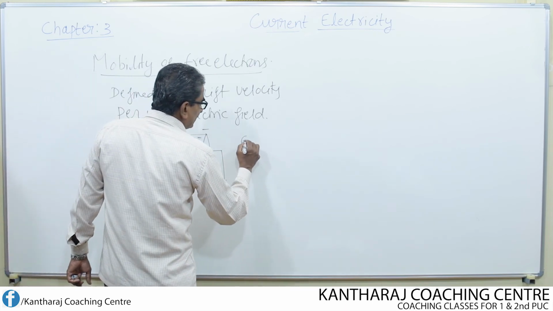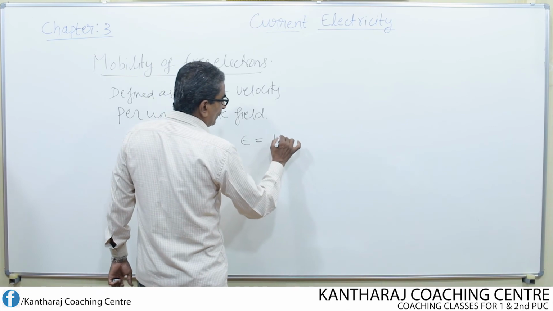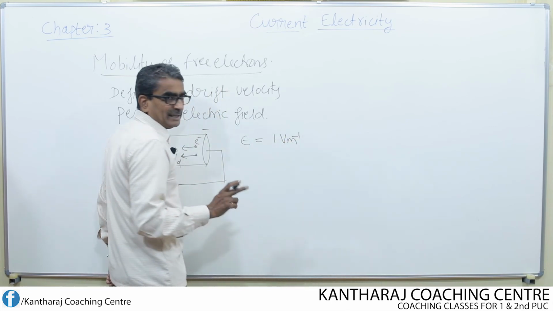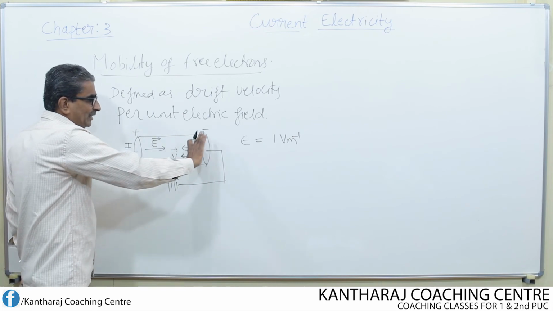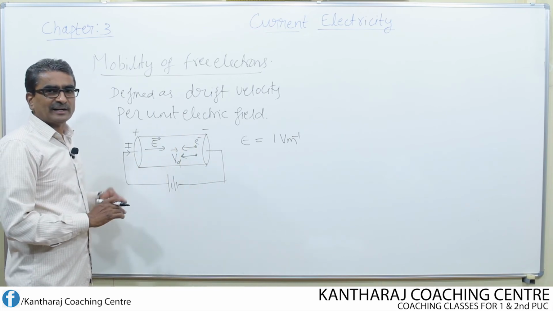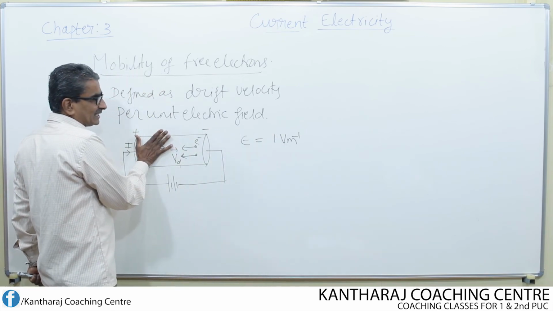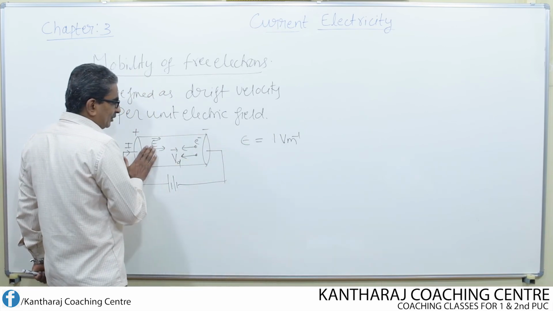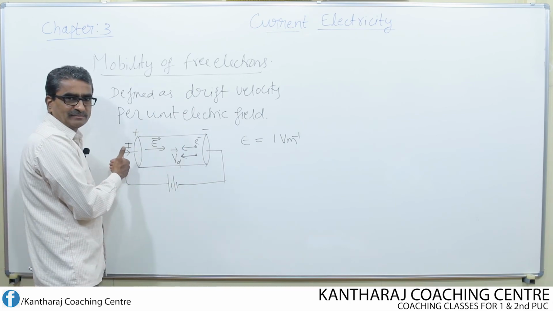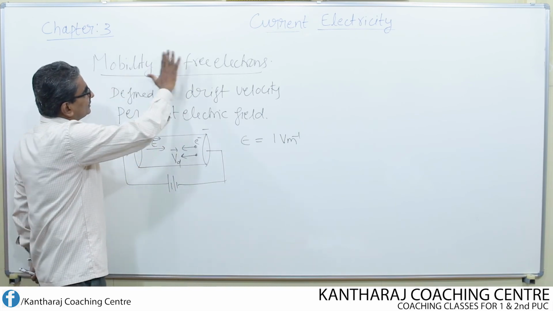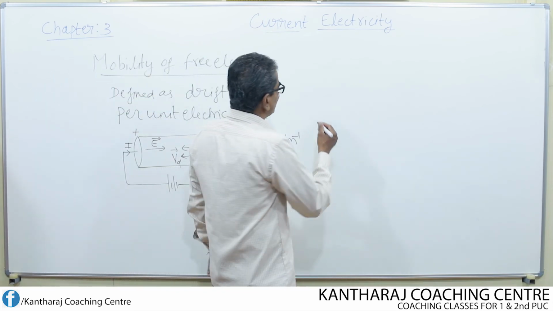Unit electric field means the value of E should be equal to 1 volt per meter. If we set up 1 volt per meter electric field inside the conductor, then the velocity with which the electron starts drifting opposite to the electric field is known as the mobility of free electrons.